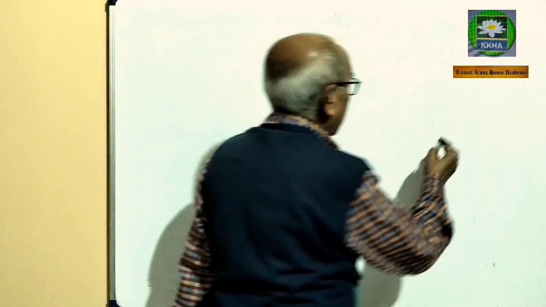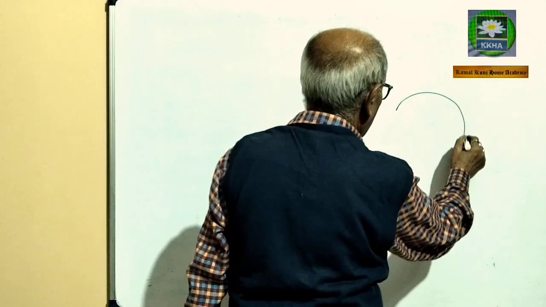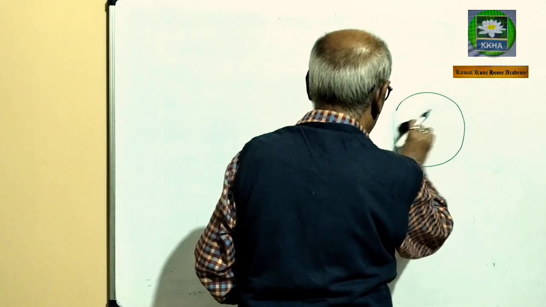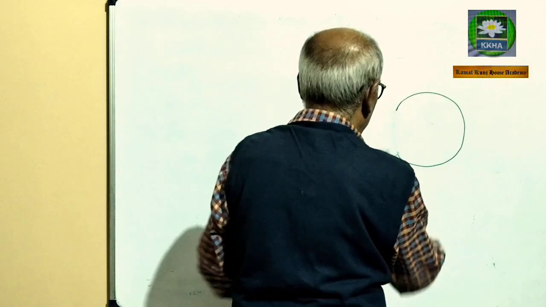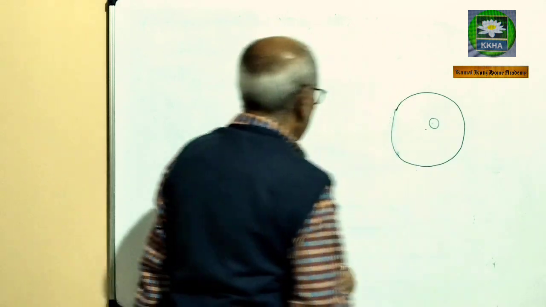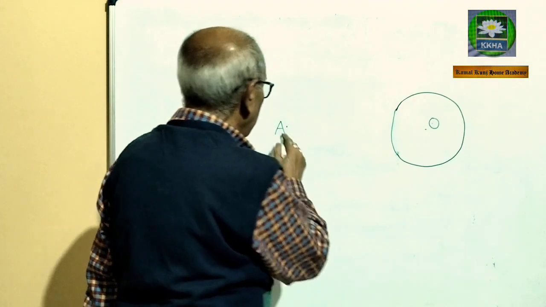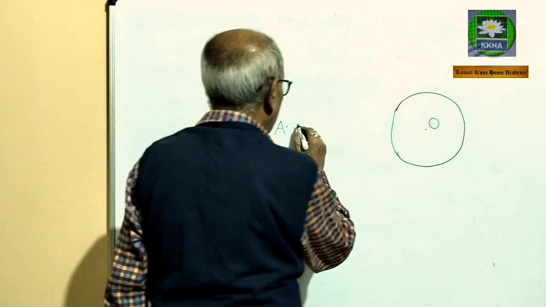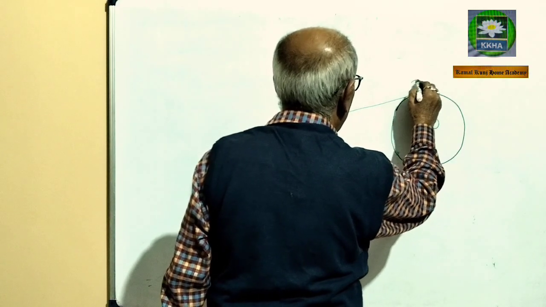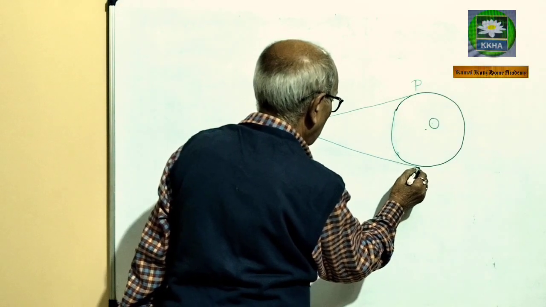So what is given here is a circle with center O, and there is a point outside the circle, A. Now from A, two tangents are drawn to the circle, AP and AQ.